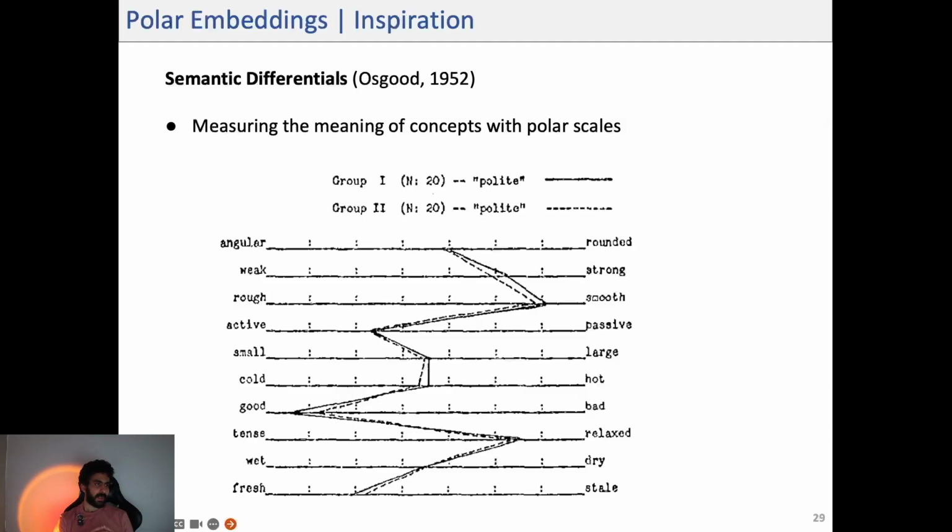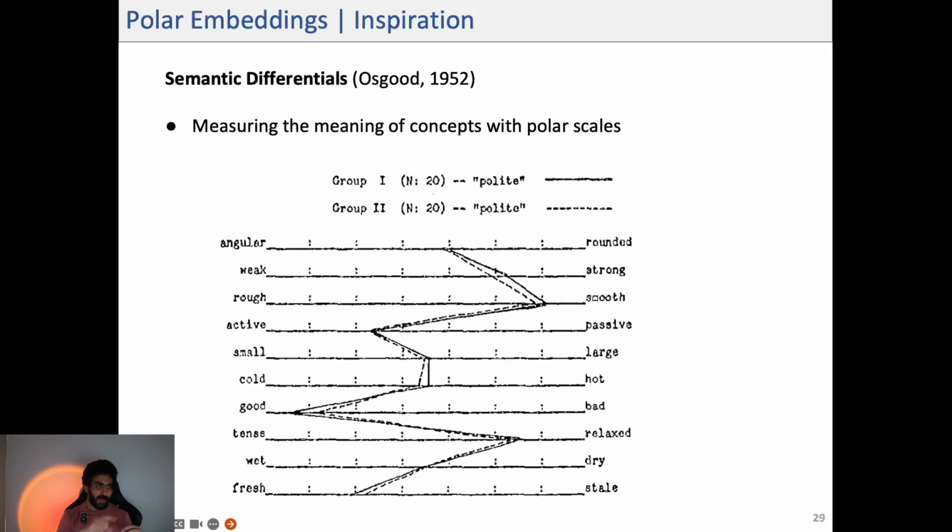So here's what he did. He took two groups of people and asked them to rate a word, in this case, polite, on opposite attributes: angular versus rounded, weak versus strong, gruff versus smooth, active versus passive, small versus large, and so on.